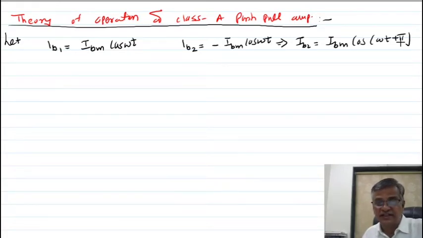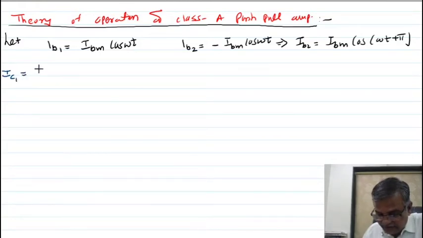Cos pi plus theta is negative, you know this. So that's why I am writing like this. Now, you already have studied the collector current passing through the transistor 1 can be written in this form.